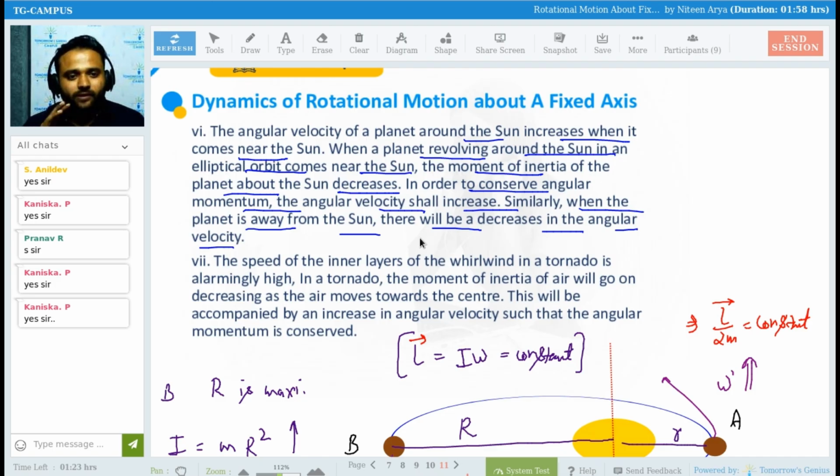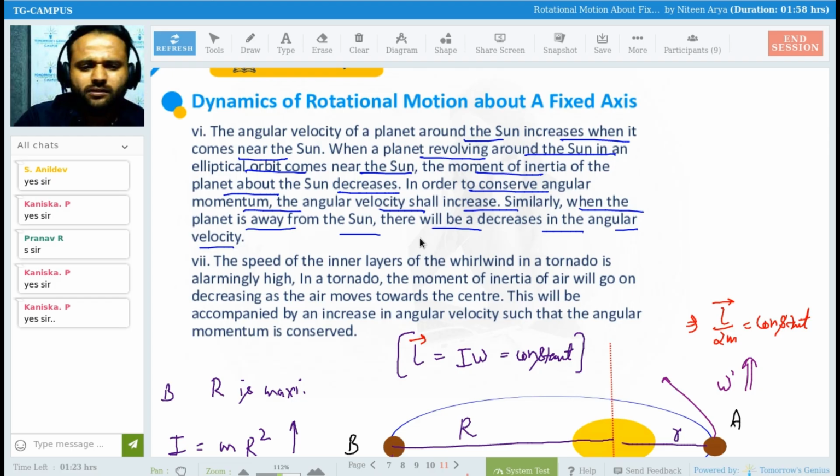And if you don't understand what a tornado is, after this class or even in the break, look it up on YouTube. In coastal areas you can see tornadoes, or tsunamis and high altitude or fast moving winds.